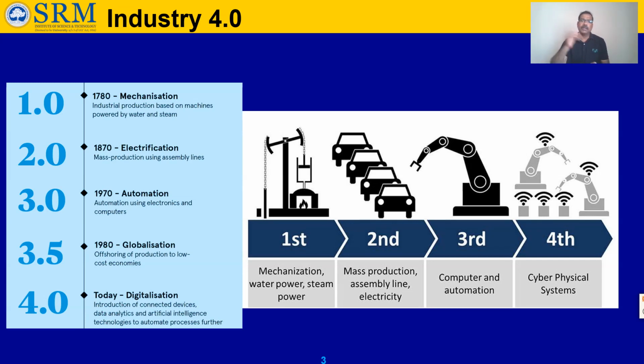Similarly, they added electricity with its benefits and used it for mass production, where assembly lines or conveyor belts run through motors. For that, electricity was used. That second industrial revolution came in the 1870s.